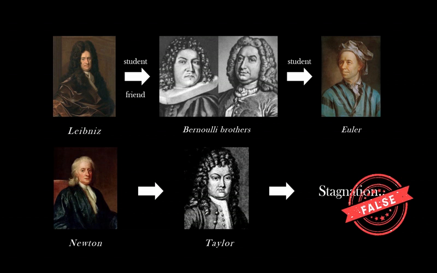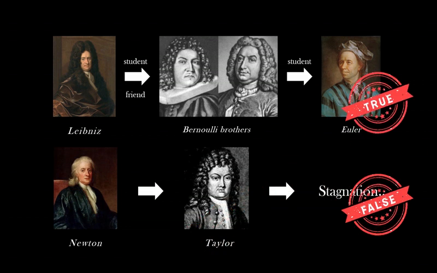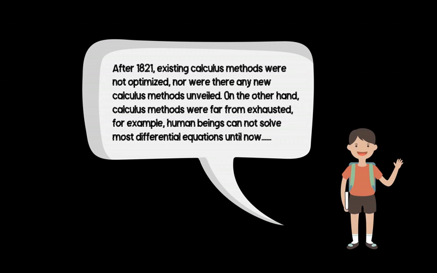All these historical facts point to a conclusion that the rapid development of calculus methods was mainly due to the thoughts of Leibniz but hardly had anything to do with the calculus theory Cauchy established with the theory of limit, on the basis of Newton's thinking. After 1821, existing calculus methods were not optimized, nor were any new calculus methods unveiled.